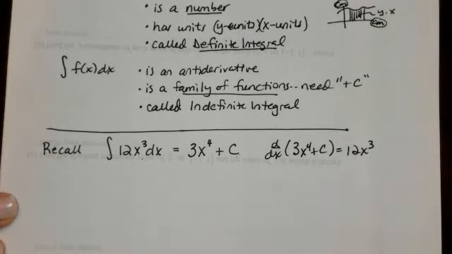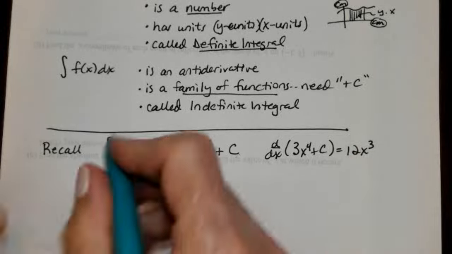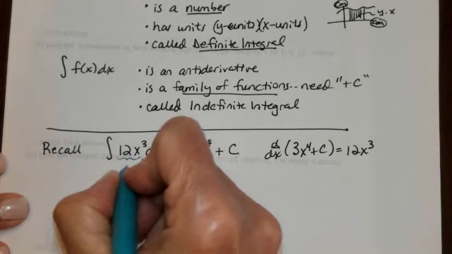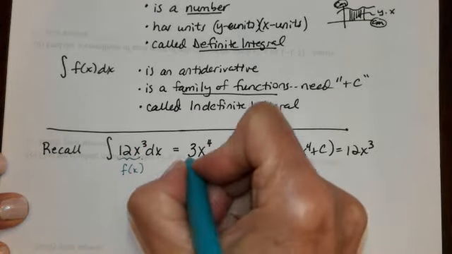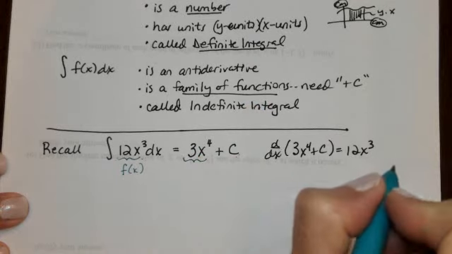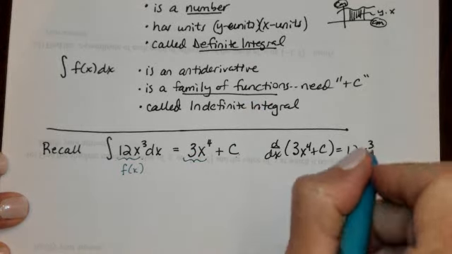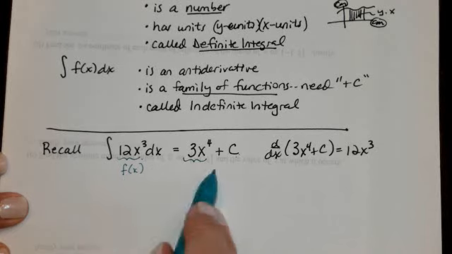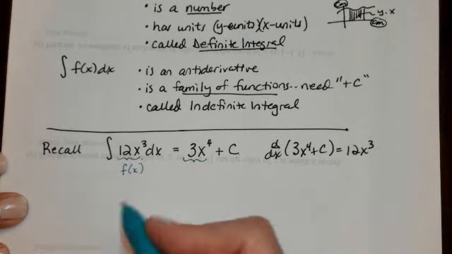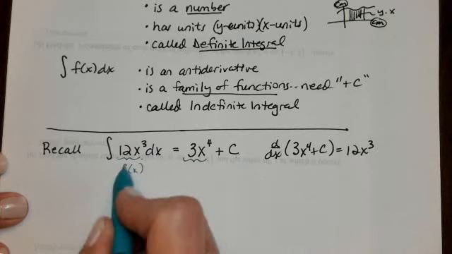So for our purposes today, we're going to call this piece f of x, okay? And I want to call this piece something as well. Since it's related to f of x, I don't really want to call it g of x or h of x. I want to call it something that relates to f of x.